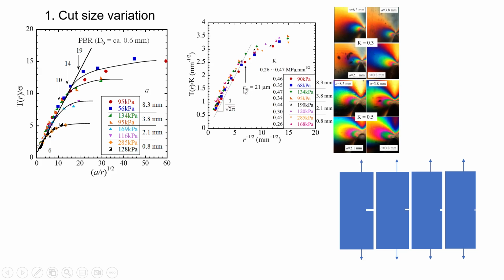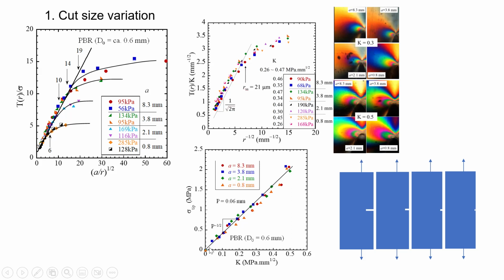Moreover, this group of data involves many different Ks, and you see that the zone size doesn't change with K, instead of K squared. And you can, of course, even examine them at different Ks and see what it looks like at the tip. The rest is the same story again.